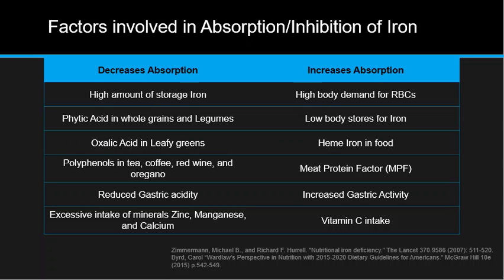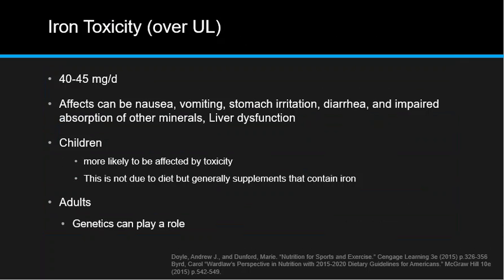And heme iron in food and MPF, if you eat a little bit of those things with non-heme iron, it'll increase the absorption of non-heme iron, so that's nice. And vitamin C will donate an electron to the ferric ion, which will reduce it to the ferrous ion, so that helps that.